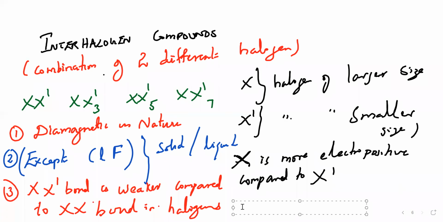Except the FF bond. Except the FF bond, all other XX' bonds are weaker compared to the XX bond. Listen, ClF, all of these, it is weaker. XX' bond is weaker compared to the XX bond, except this FF bond. FF is nothing but XX only.